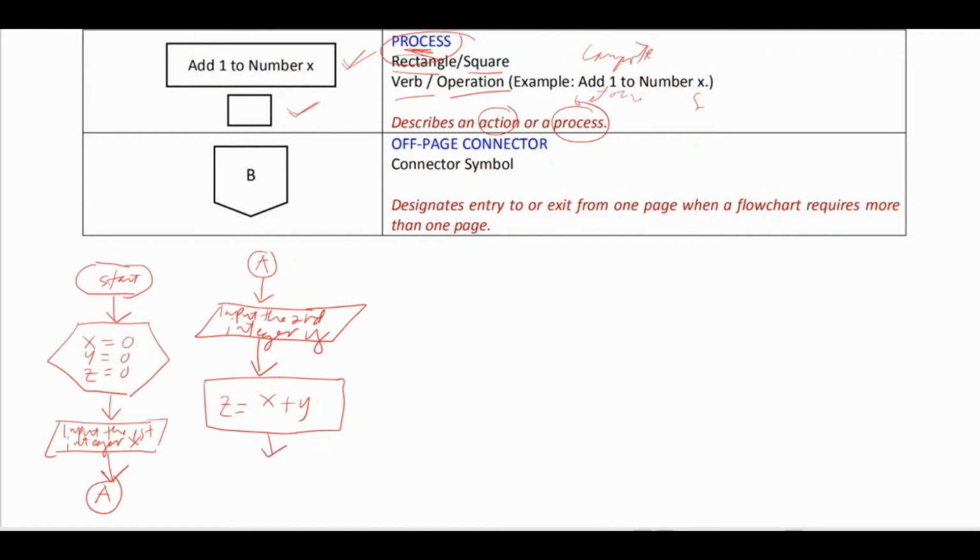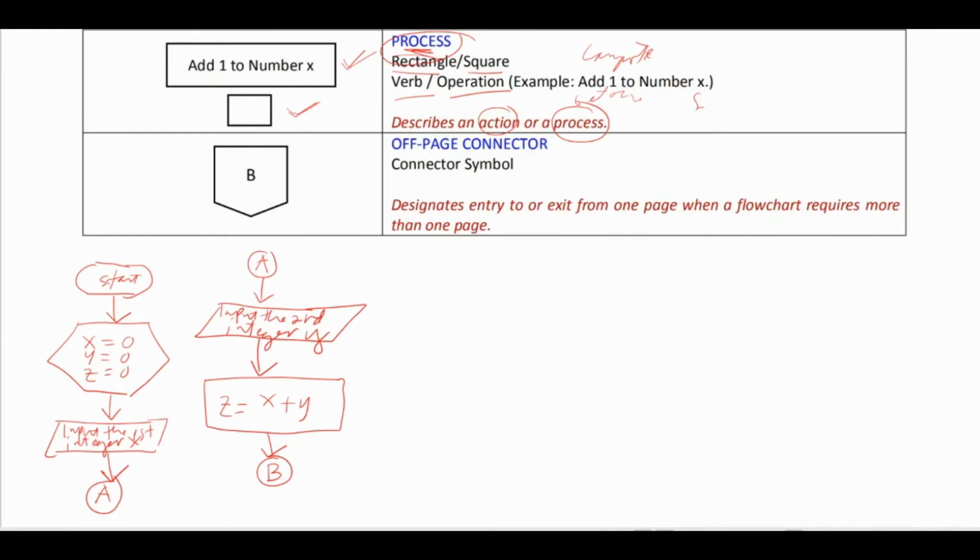Since there is no more space, we could have another on-page connector and we label it B, so that it would be different from A. Usually, the labels of the connectors are uppercase letters, starting with A, B, C, and so on.